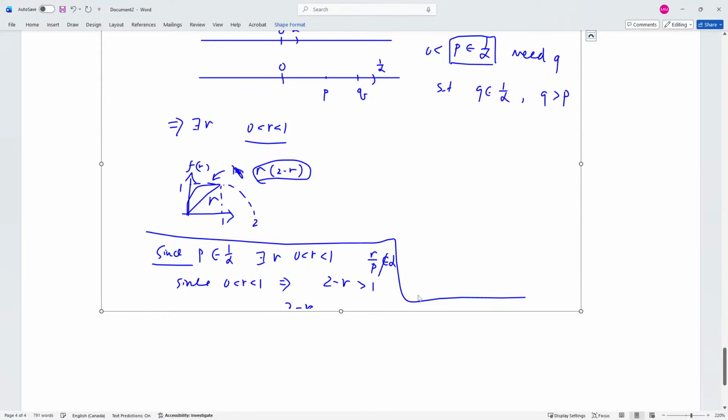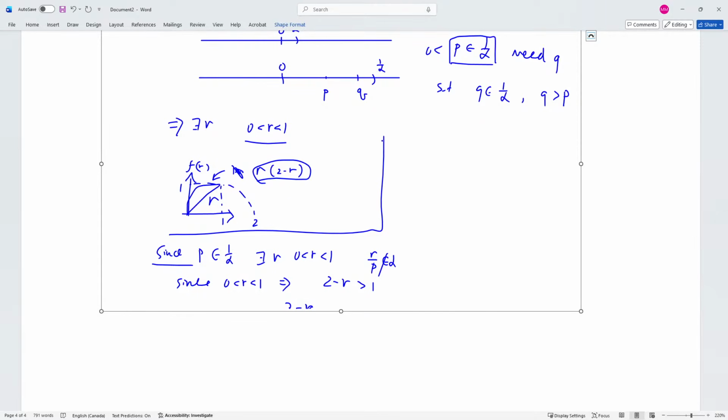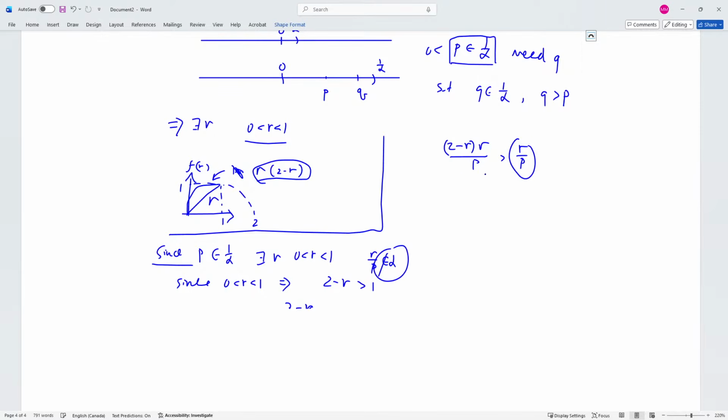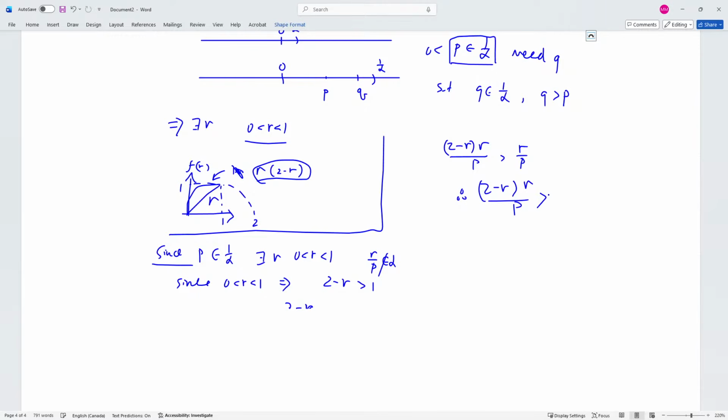Since 2 minus r is greater than 1, 2 minus r times r over p is greater than r over p. But r over p is already not in alpha. Therefore, 2 minus r times r over p is not in alpha. So we constructed something that is not in alpha.